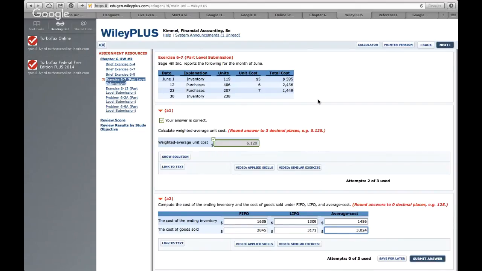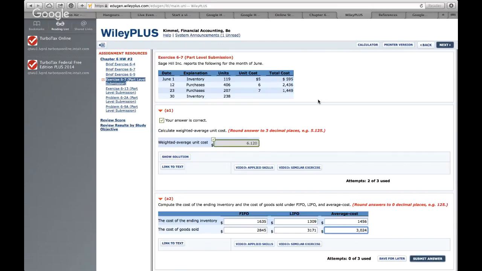Adding those together, I received the number of 732. Next I calculated total costs, which was $595, $2,436, plus $1,449.